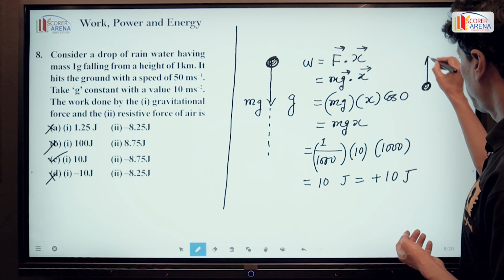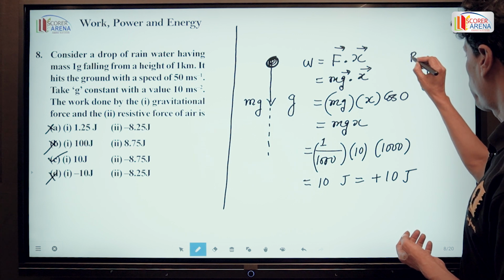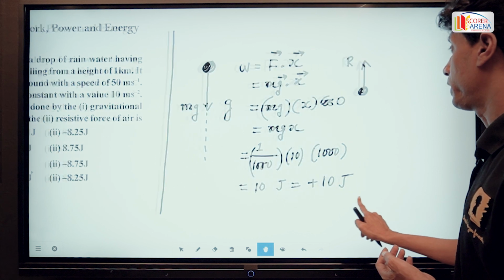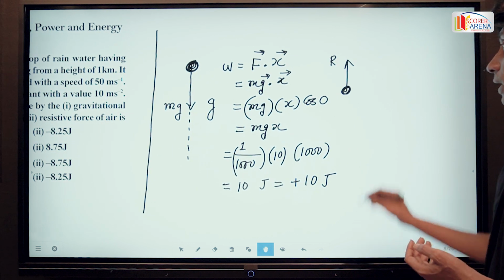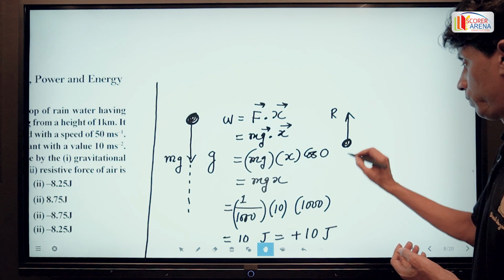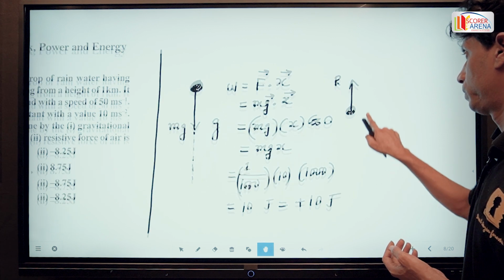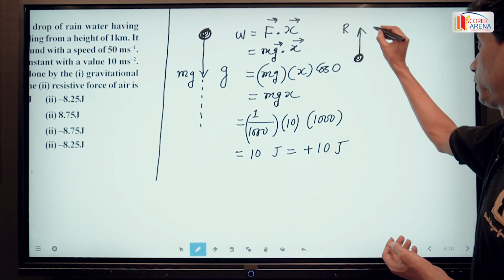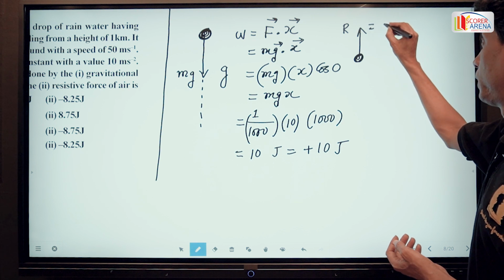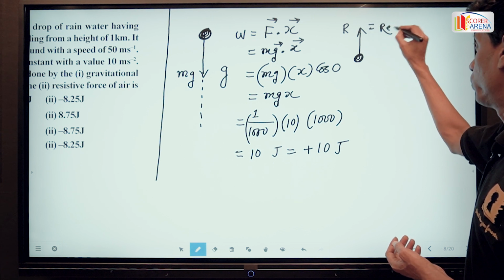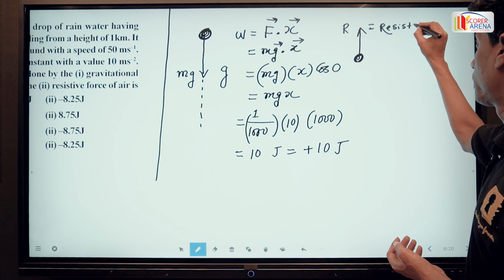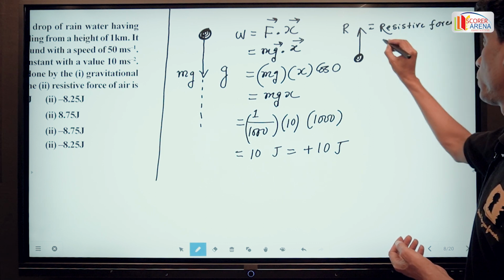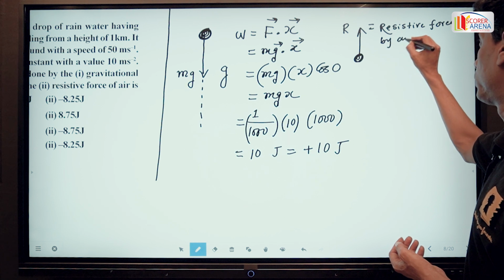So next part: this is the resistance offered by air. Resistance offered by air is R, the resistive force by air.